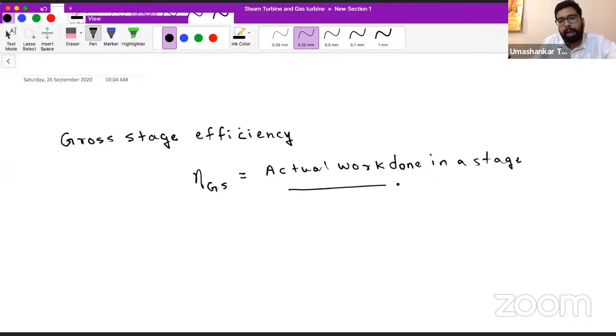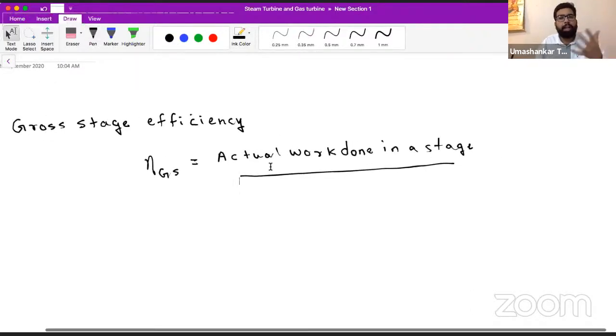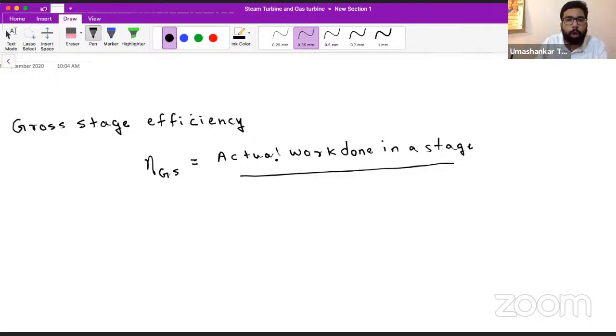divided by, so what is efficiency in general? Actual upon theoretical. So the theoretical is the total isentropic enthalpy drop.